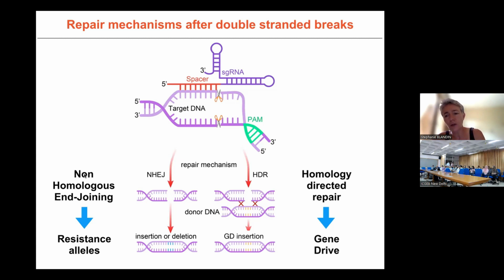So at the end, you have a position that is modified. So the guide RNA cannot recognize it any longer, but it's not repaired by the homologous piece of DNA, right? So this is what we call a resistance allele, because it can't be targeted again by the guide and the Cas9. So that's typically what we wanted to measure.